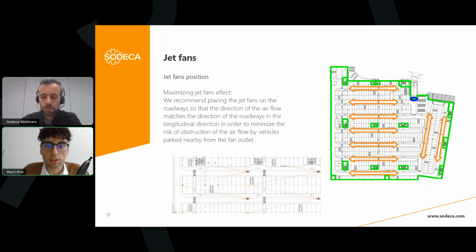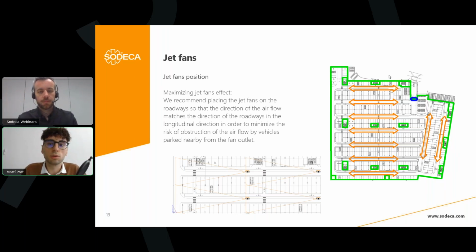So instead of pushing the air towards the left, it pushes the air towards the right, and the smoke is extracted closer to the extraction points. This is the main reason. There could be some other reasons where you want to have some air pushed to one direction or the other based on different scenarios, but mainly that's the reason.